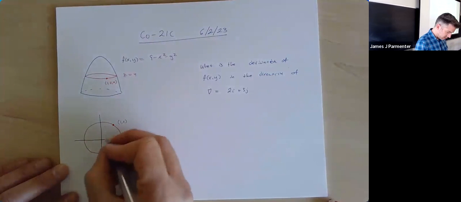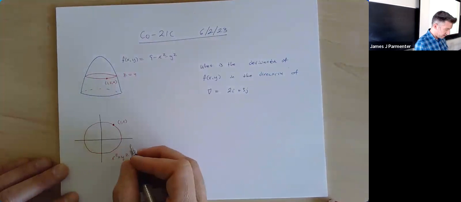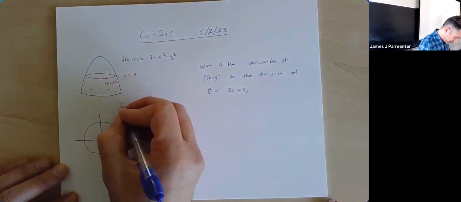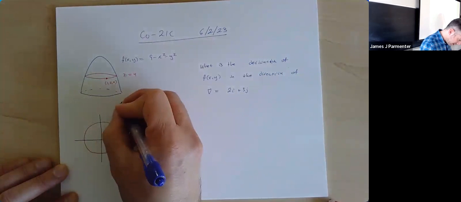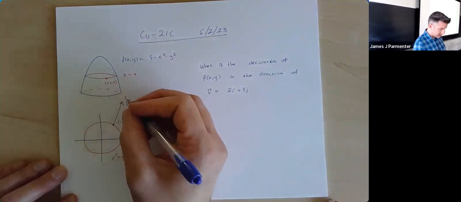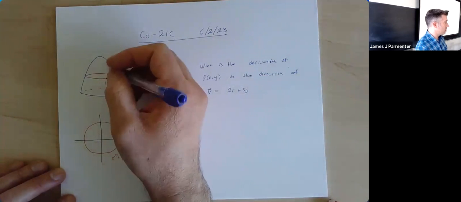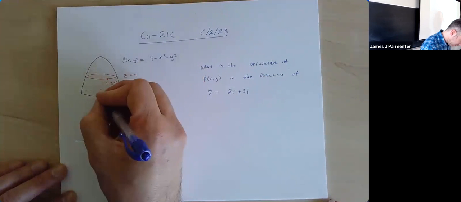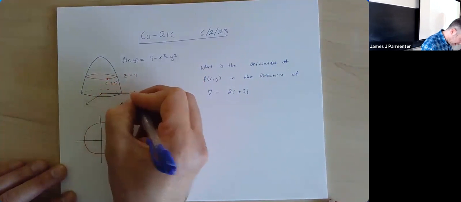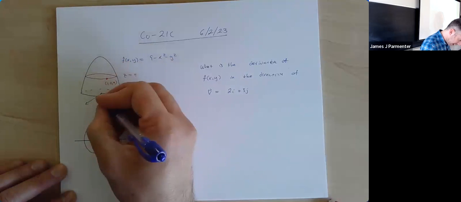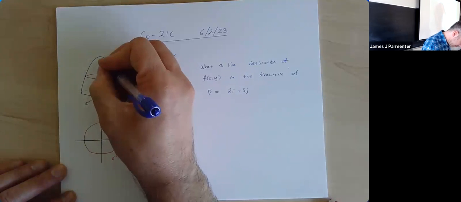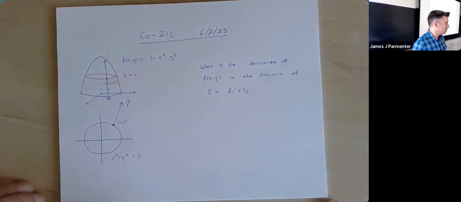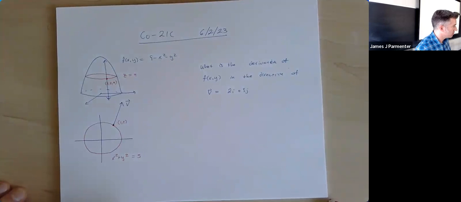From this point, which is over 1 and up 2, if I go in the direction that's 2 to the right and 3 up, what's the slope of the line tangent to the surface in that specific direction?